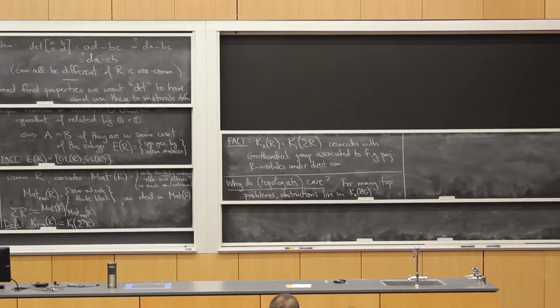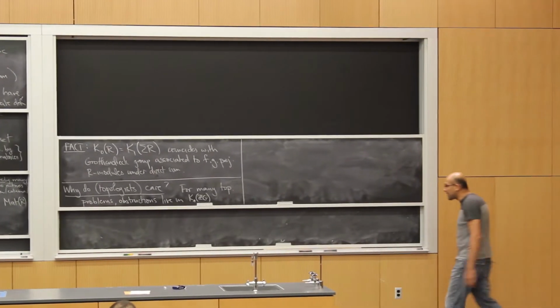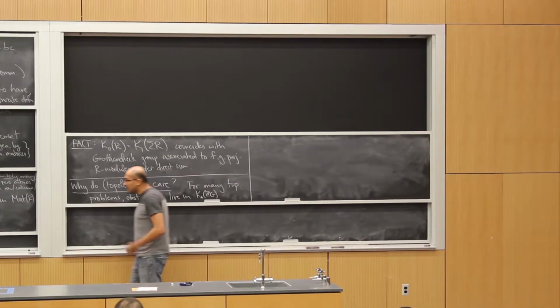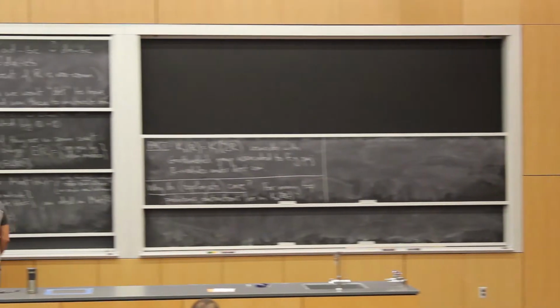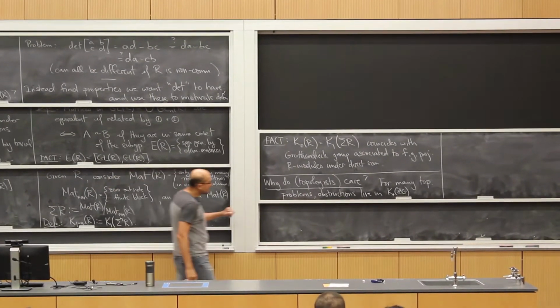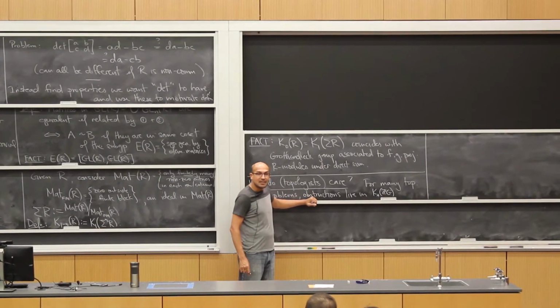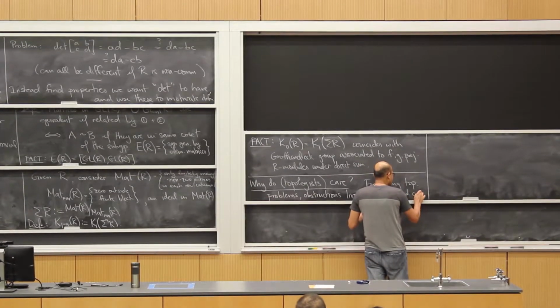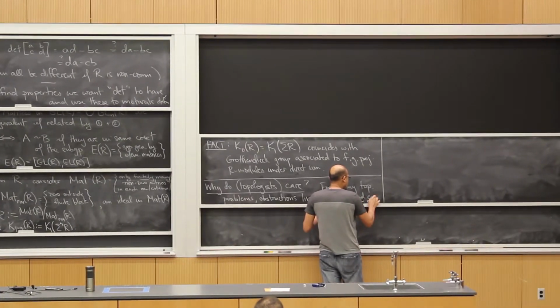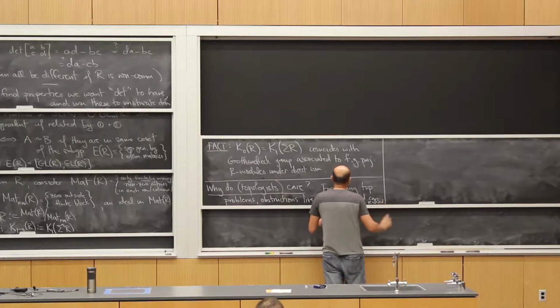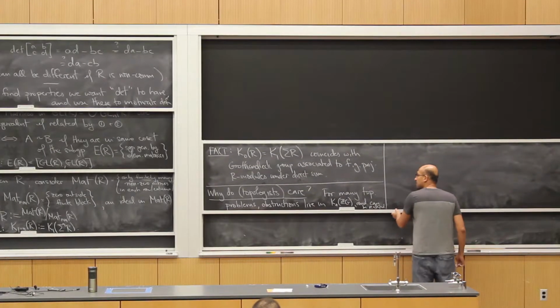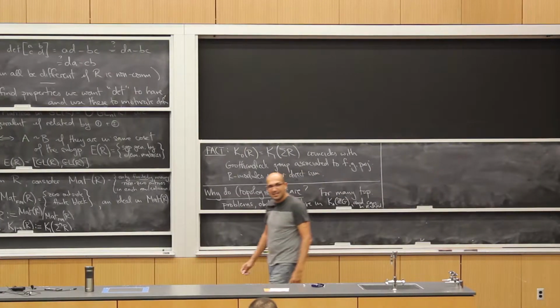So I'll give some concrete examples in a second. And equally interesting, for many problems, in fact, all obstructions are realized. Okay, so let me give you some concrete examples of this.